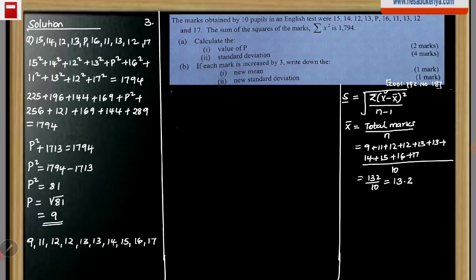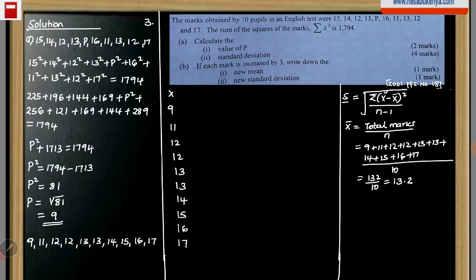So our column for x will be our marks, 9, 11, 12, 12, 13, 13, 14, 15, 16, and 17.